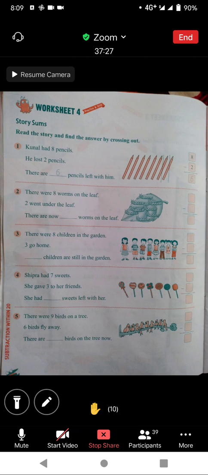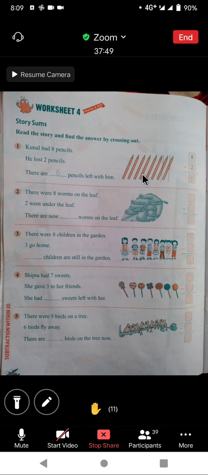Read the story and find the answer by crossing out. When you solve these story sums, you need to read the question very carefully. So question 1: Kunal had 8 pencils. 1, 2, 3, 4, 5, 6, 7, 8.